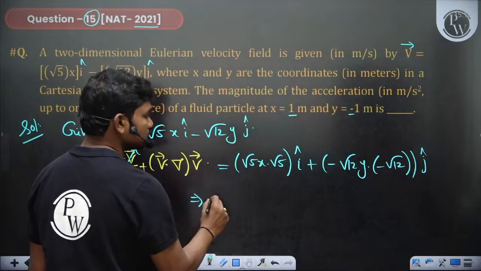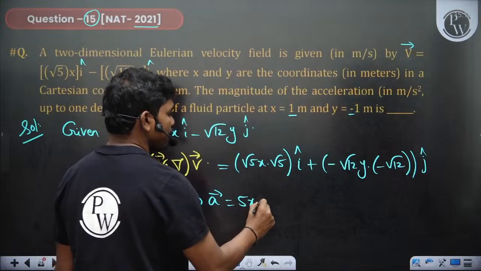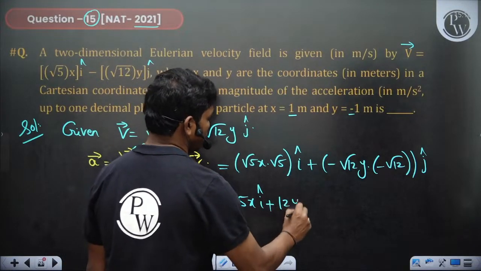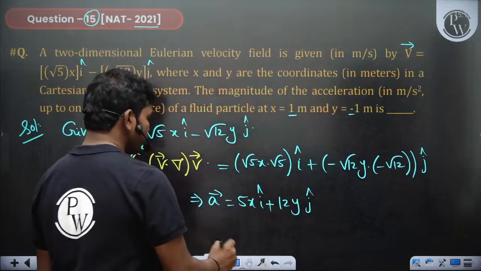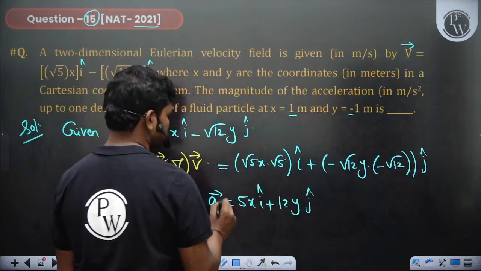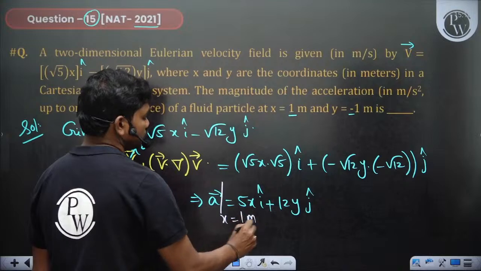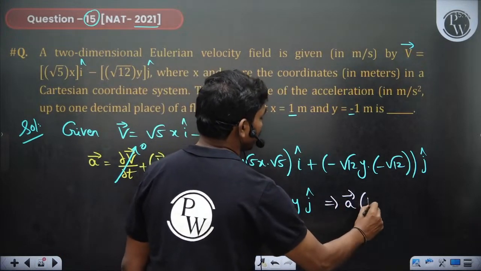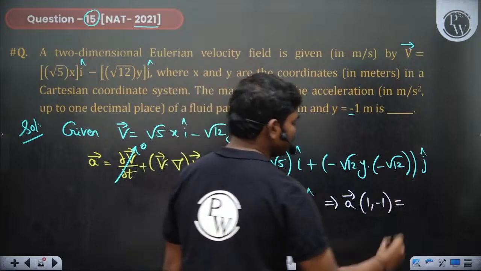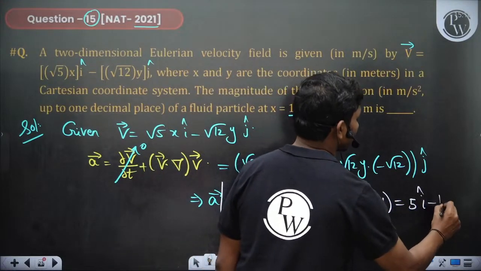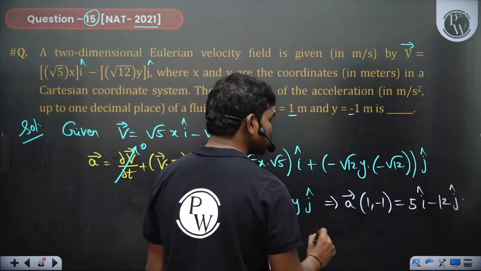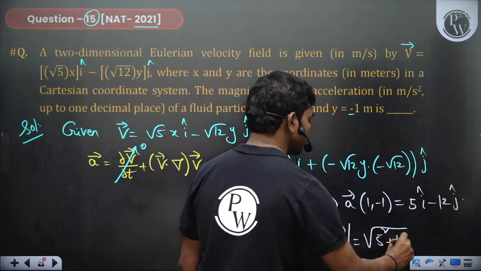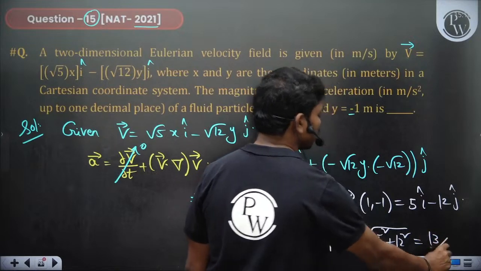So the acceleration vector is 5x i plus 12y j. Now you want this vector at the point x equal to 1 meter and y equal to −1 meter. So acceleration at the point (1, −1) is 5i − 12j. That's all. So the magnitude of the acceleration is root of 5 squared plus 12 squared, which is 13.